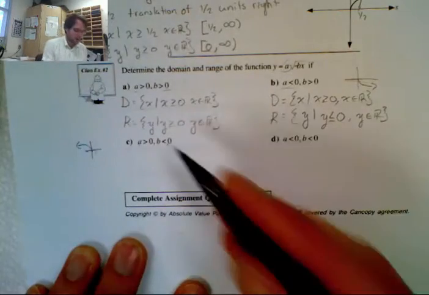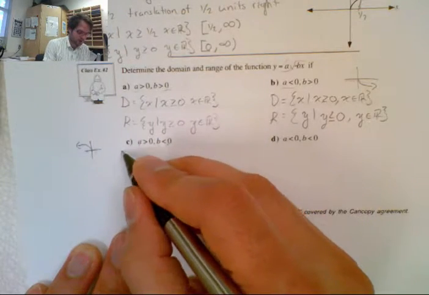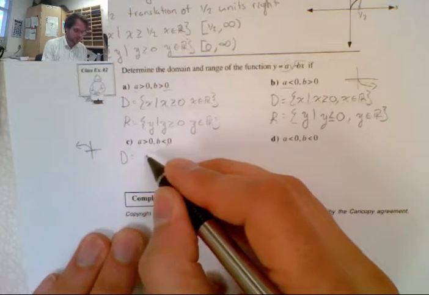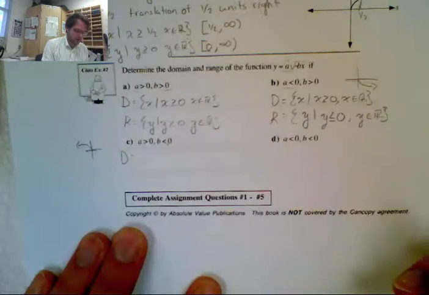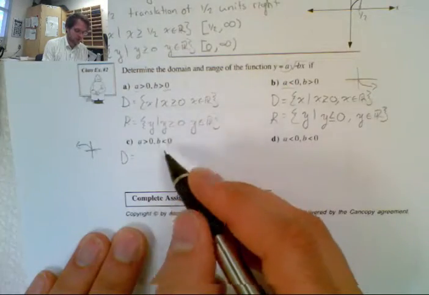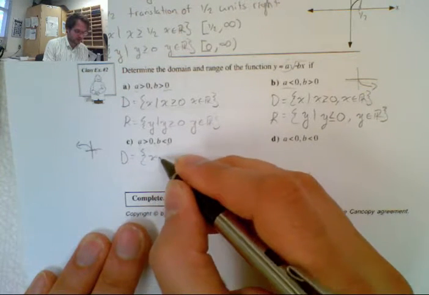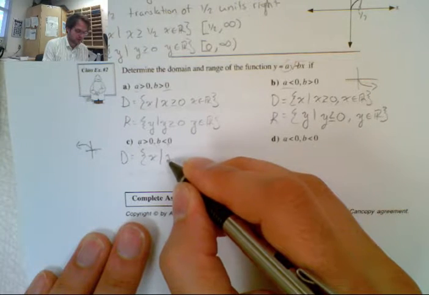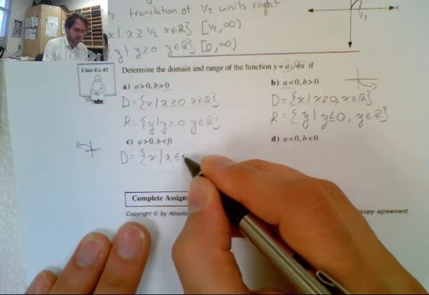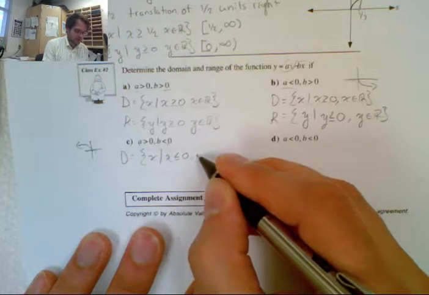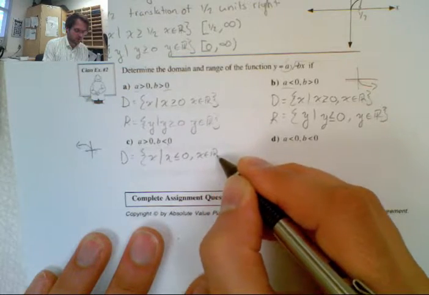It's going to look there. So once again here, I'll look at my domain first. So my domain is going to be, it's relating to the b's, x, we're going to have x such that x is less than or equal to 0, and x is an element of all real numbers.